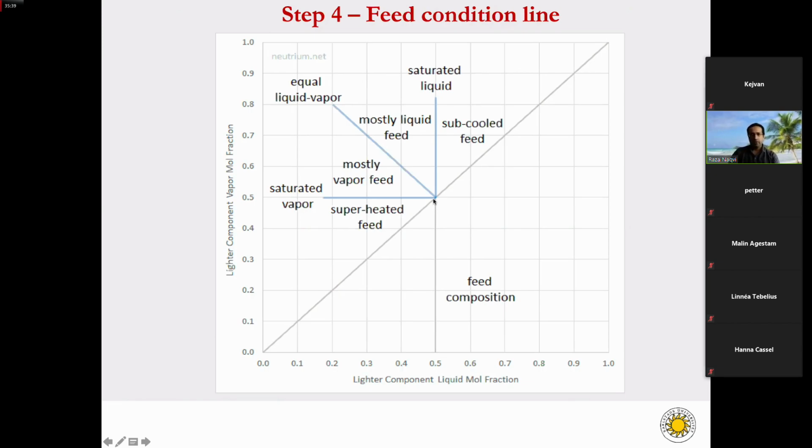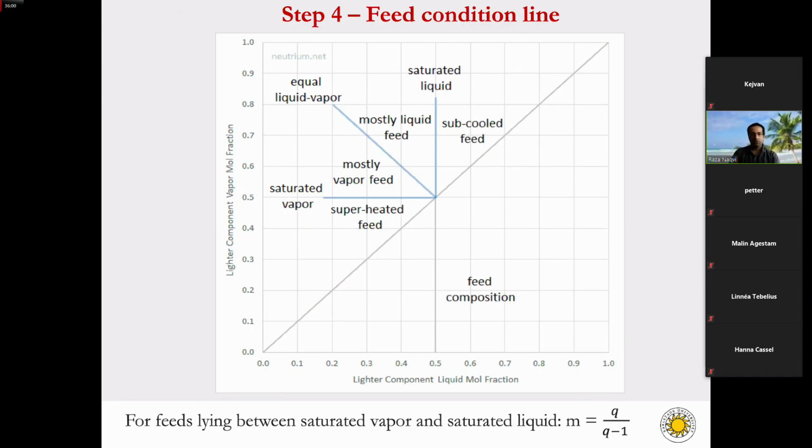And if the feed is saturated vapor, it means there is no liquid, it's only vapor, so we will have a horizontal line. We will have a 45-degree line for a feed which is equal liquid and equal vapor, right? So this is how you can find the quality of the feed.